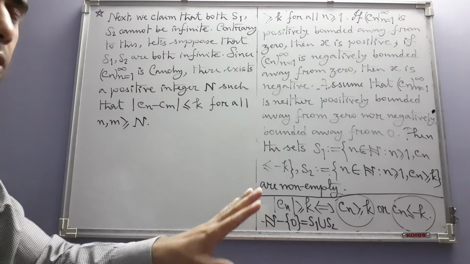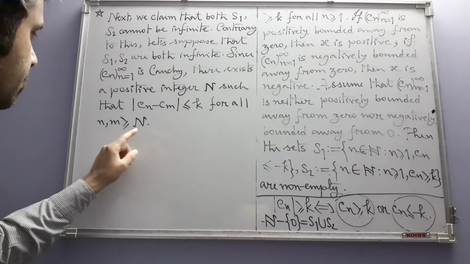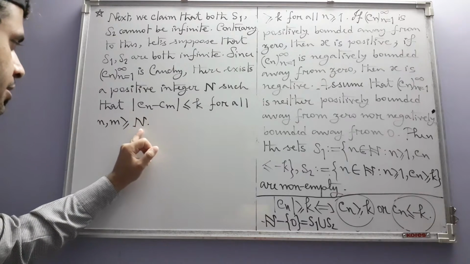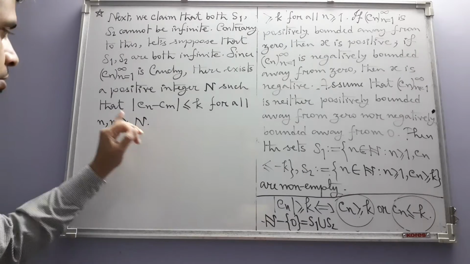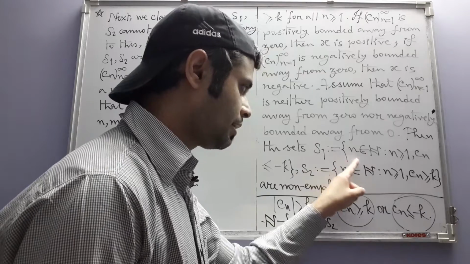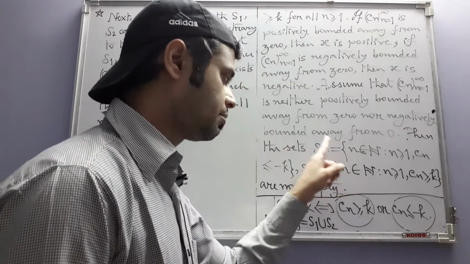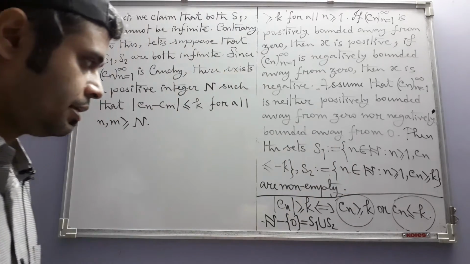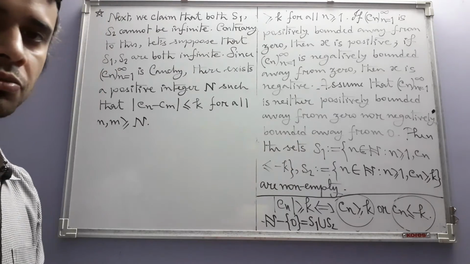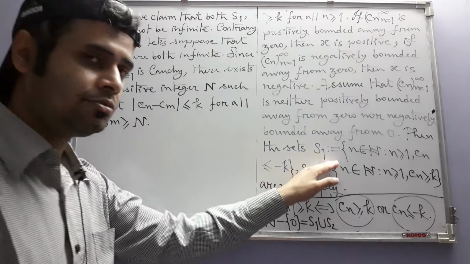Now look at our supposition. S1 and S2 are both infinite. So that means no matter how large this capital N is, we can always find a positive natural number in S1 that is greater than N, simply because S1 is infinite.